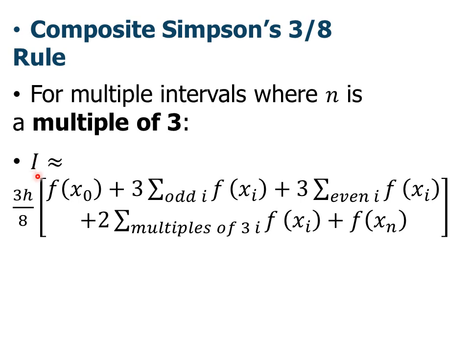I, the integration, approximately 3h upon 8 times [f of x naught, which means the initial function value, plus 3 summation of the odd terms plus 3 summation of the even terms f of xi, plus 2 for multiples of 3, which means 3 ones are 3, 3 twos are 6, 3 threes are 9, f of xi, plus f of xn, which means the last value of the function].